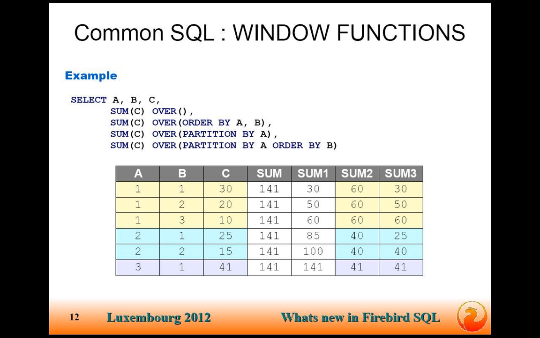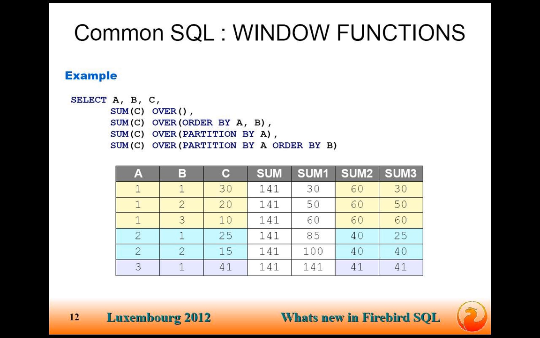So for the values of A in the first three rows, we have a distinct sum, and so on. I'm not sure it can be seen here, but every partition has a different color on the slide. The first three rows are rose, then green, and the last row is yellow. Is blue, but I'm not sure it can be seen as blue.